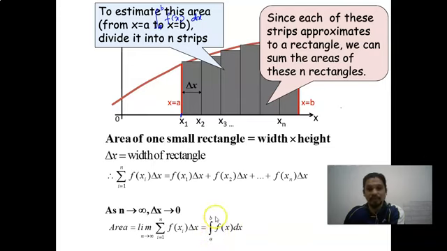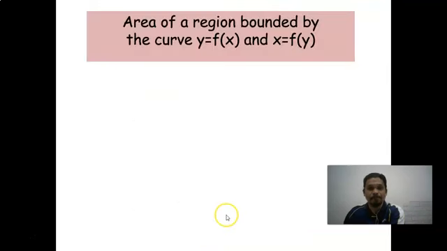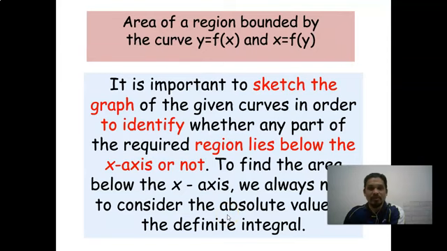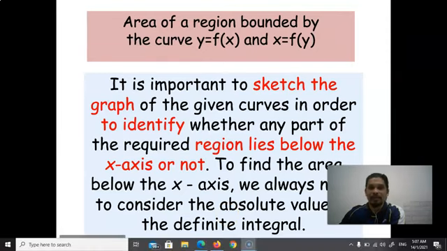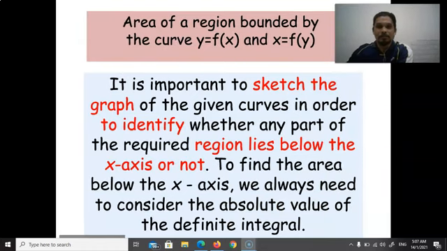Try to understand, because I'm not going to explain too much here. For the area of a region bounded by the curve y equal to f(x), it's important to sketch the graph of the given curve in order to identify whether any part of the required region lies below the x-axis or not.